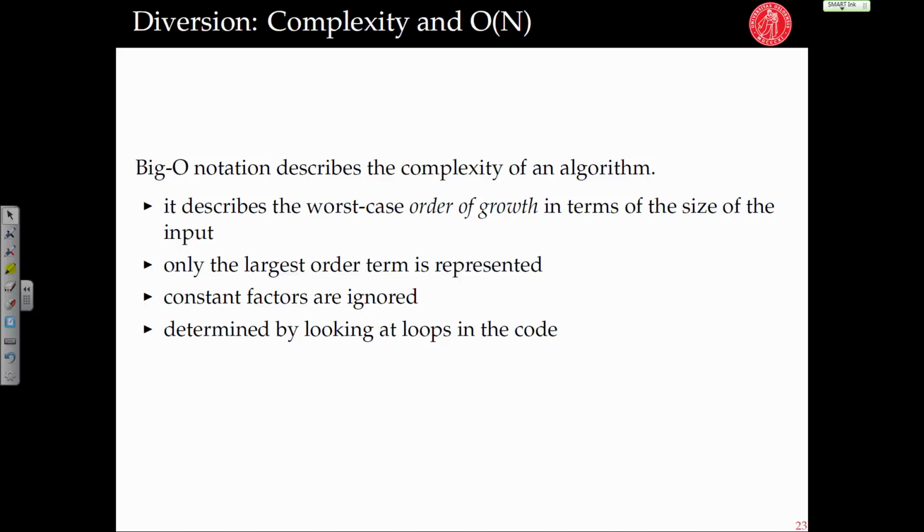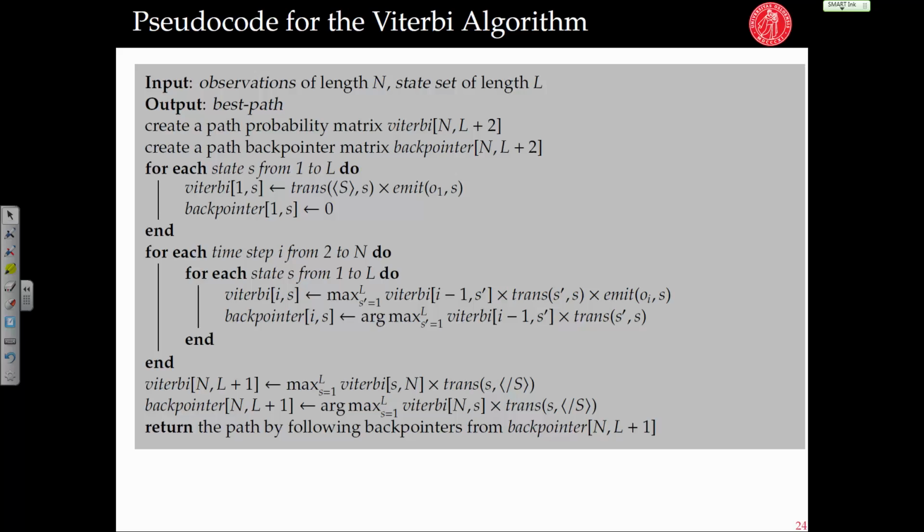You can more or less determine this by looking at the loops in the pseudocode. So if we look again here and try to determine the complexity of the Viterbi algorithm, we have an initialization loop here, which runs from 1 to L. L is the size of our tag set, or states.